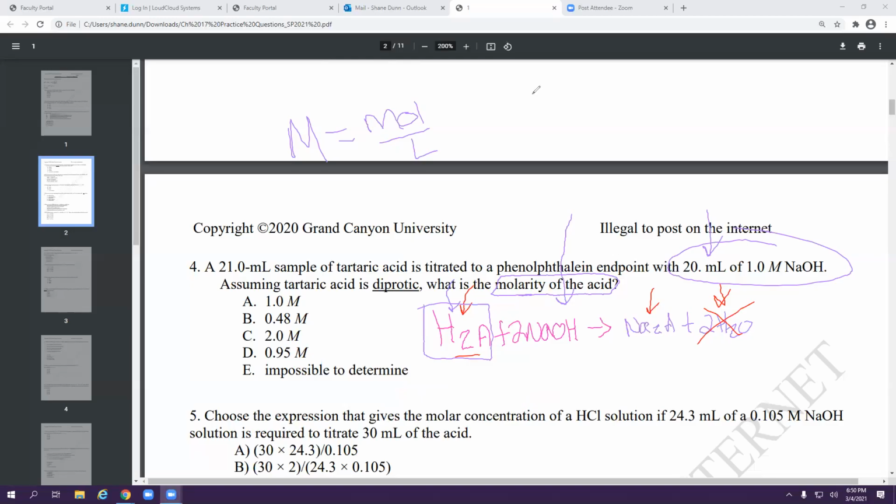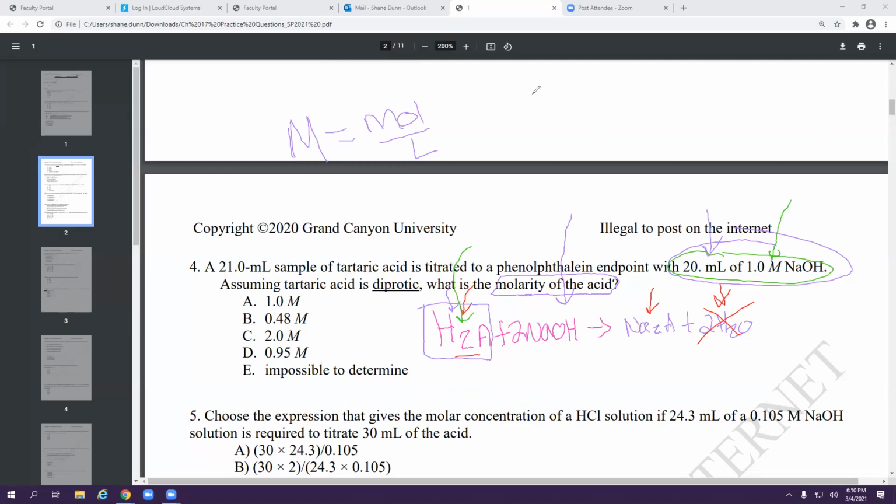Well, that's fun. Okay. So what I'm doing now is I'm trying to get to moles of H2A, the weak acid, right? So I need to get to moles of NaOH first. We know that molarity is moles over liters, right? So I want to get rid of the liters part, so I use the volume of the NaOH given to me.